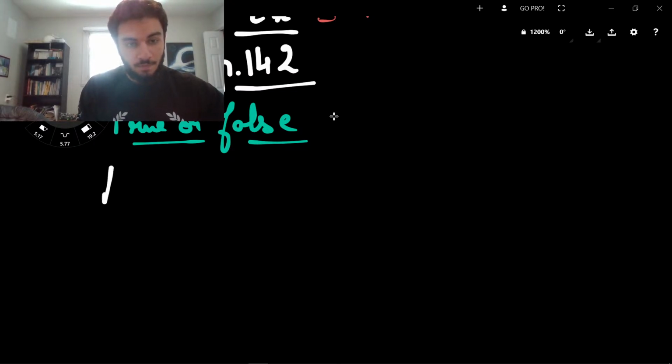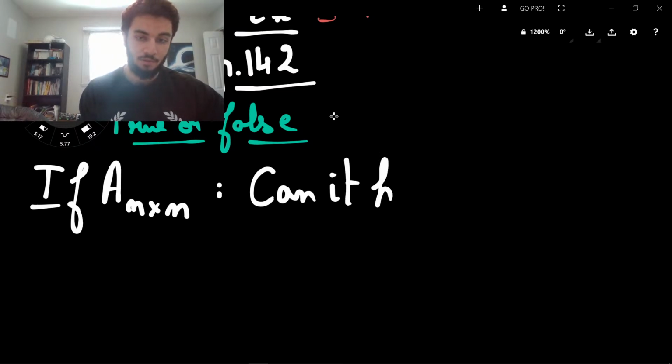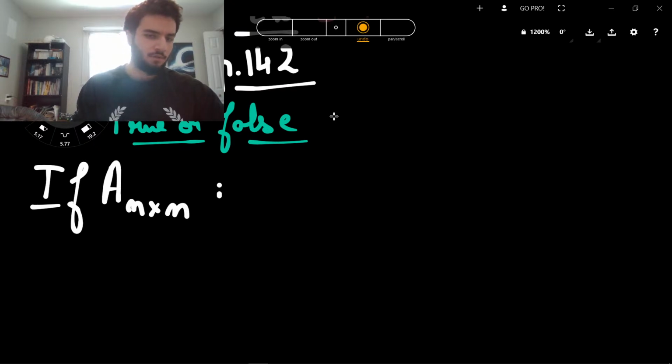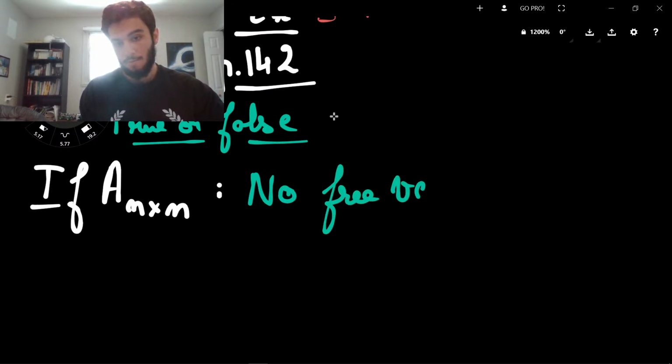So we are asked if A is n by n, can it have, oh, or even it's not even can it have, it's saying that, so this is the proposition, no free variable.